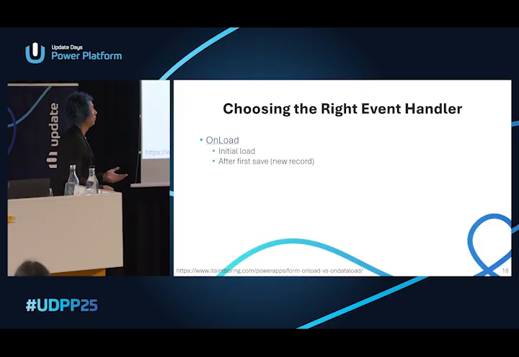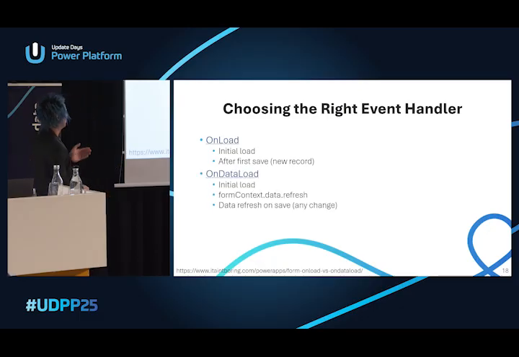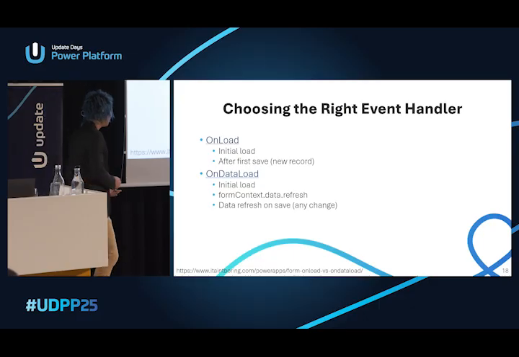So we need to know when to use which. For example, on load is just the first load. When we first save the record, the URL changes with the GUID, and then it triggers again. And so on data load will trigger as the on data refresh, and all these things.